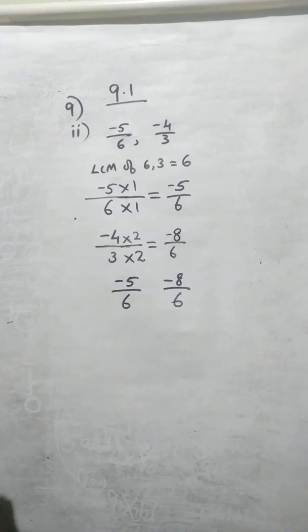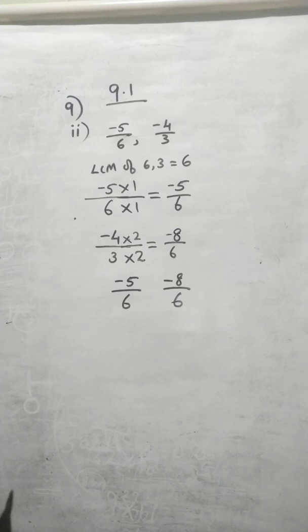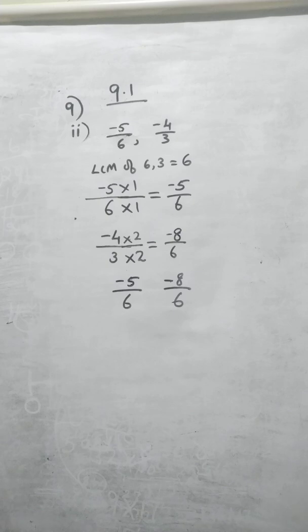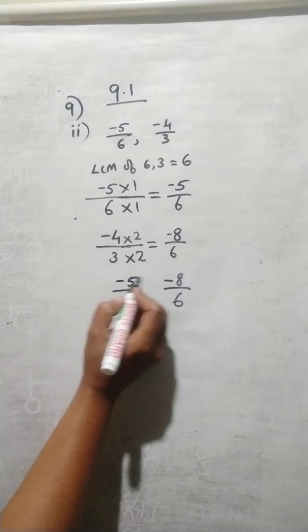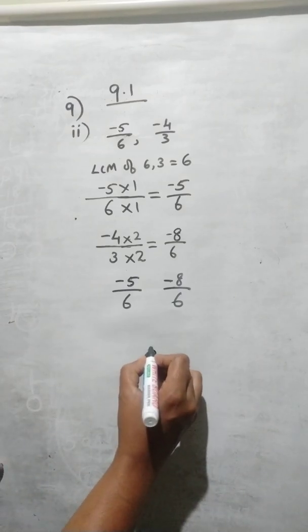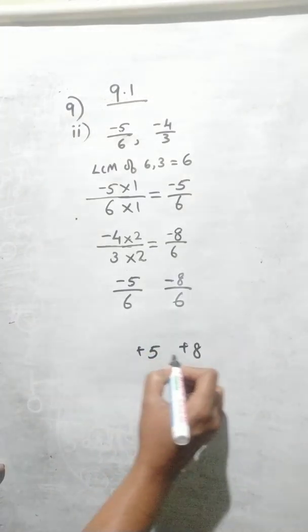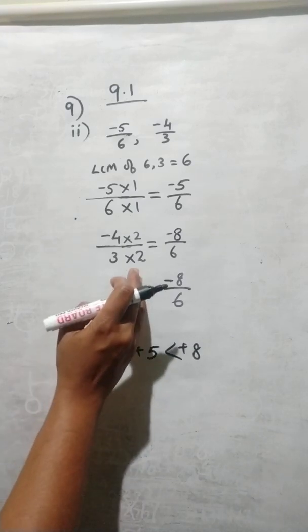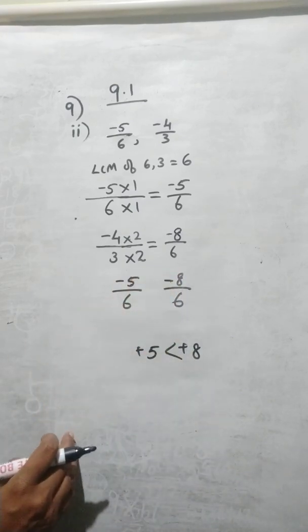Here one more thing we have to think about. Here negative integers are there. Negative 5 and negative 8. If it is positive 5 and positive 8, we know 8 is greater than 5. But here negative 5 and negative 8.